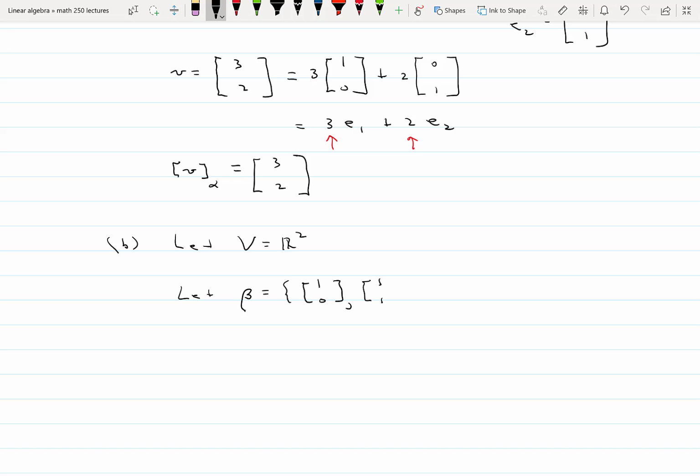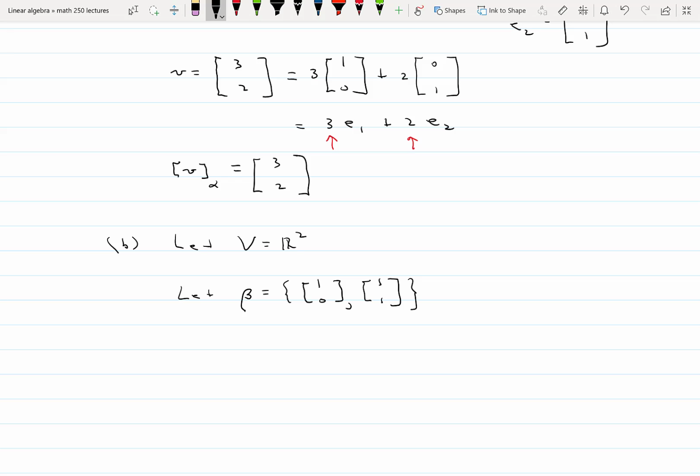And we won't prove that this is a basis. You can take my word for it. They're definitely linearly independent. They're not proportional. We have 2 vectors that are linearly independent in R2, so we have a theorem that says we don't have to show spanning. We automatically get spanning.